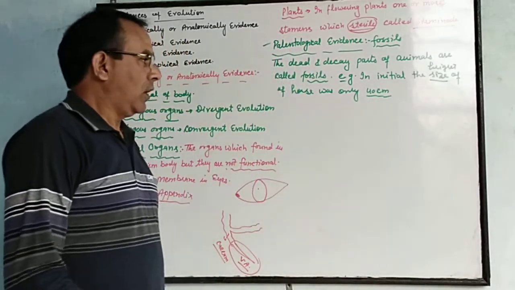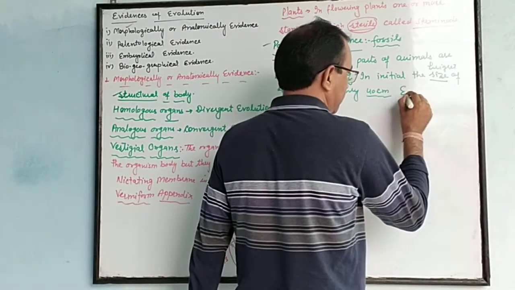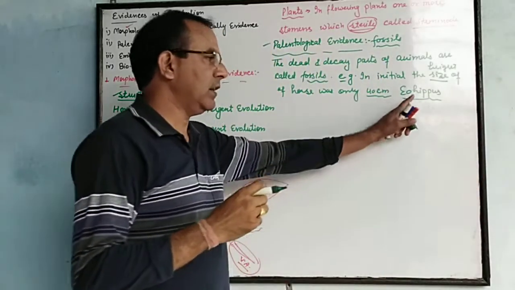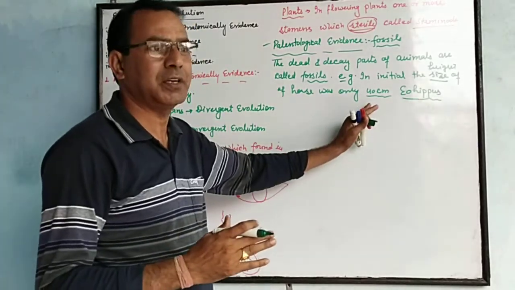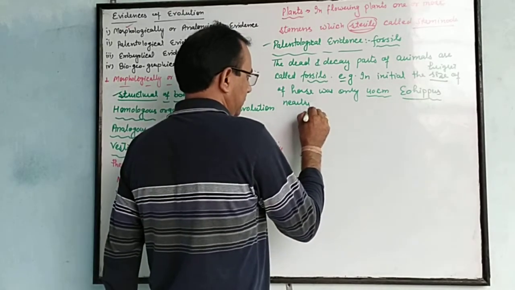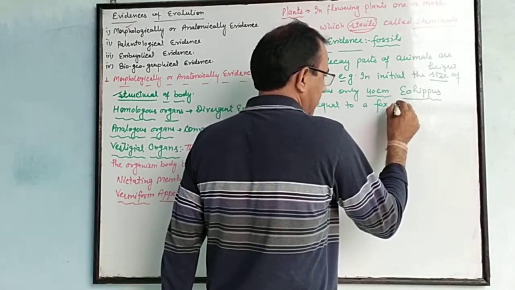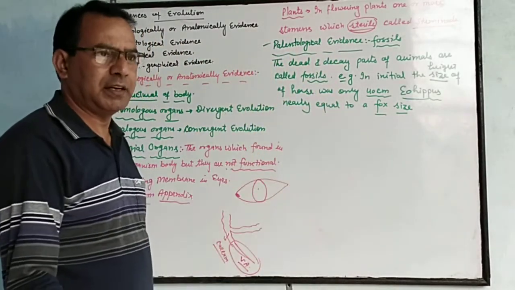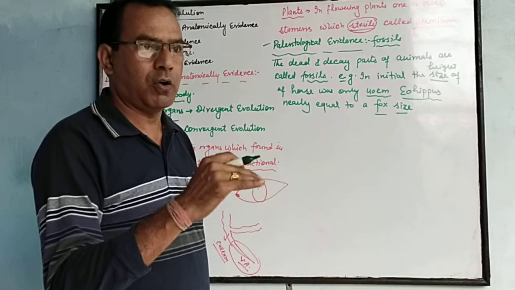The first horse which evolved into the modern horse is Eohippus. From the fossil of Eohippus we checked that its size was only 40 centimeter in height, just like a fox, nearly equal to a fox size, or you can say a small dog. Then 60 centimeter, 80 centimeter, 100 centimeter, 120, and nowadays the modern horse is called Equus.